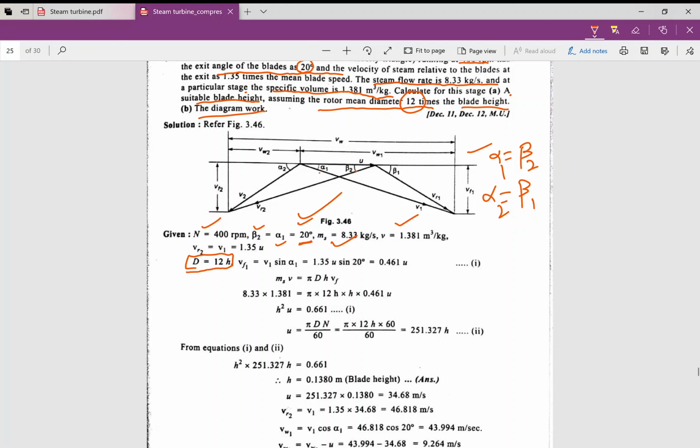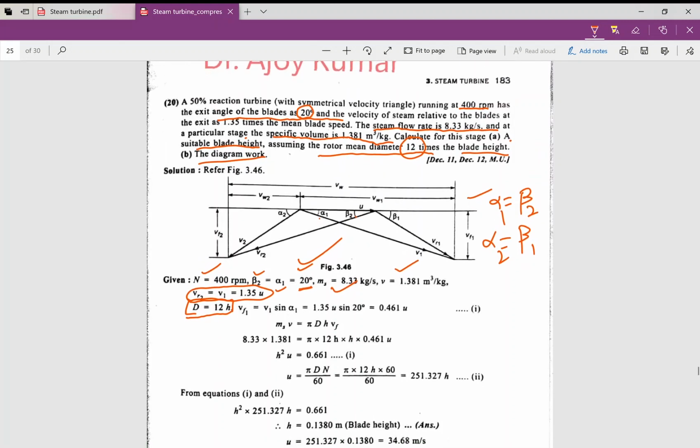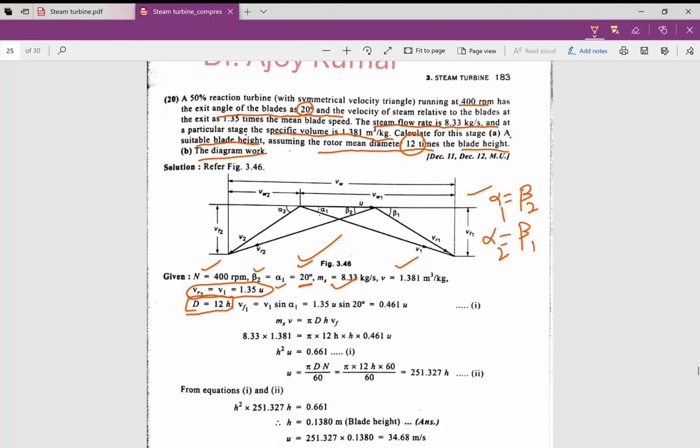Okay, so now let us proceed. This value is already given, 1.35 times U. The steam flow rate is 8.33 kg per second. We will see this value later on.